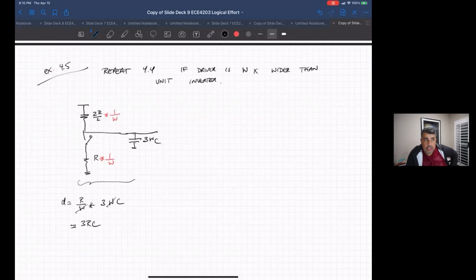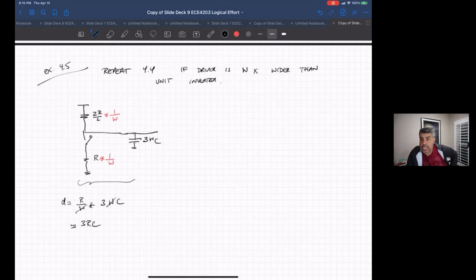That means because you reduced your resistance but increased your capacitance by the same ratio, if you're not driving any load, as you make the width of an inverter or any logic gate wider, you're actually not buying yourself anything.